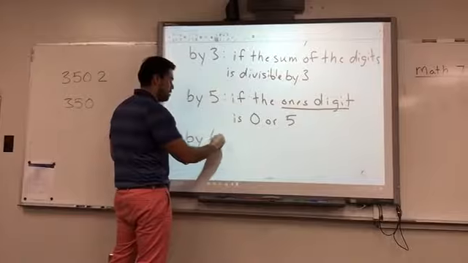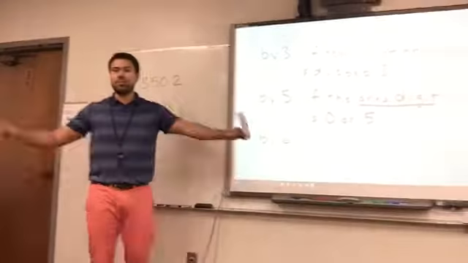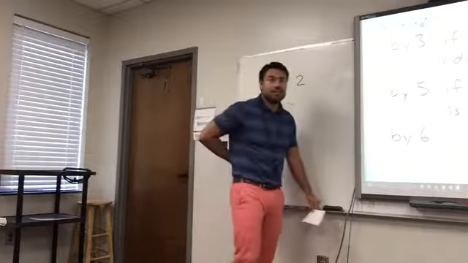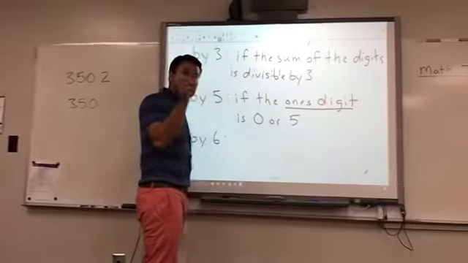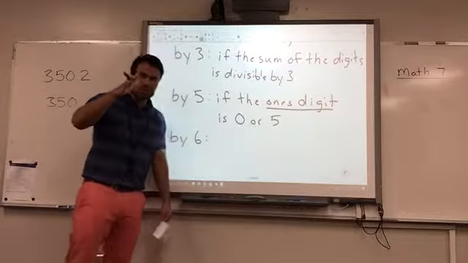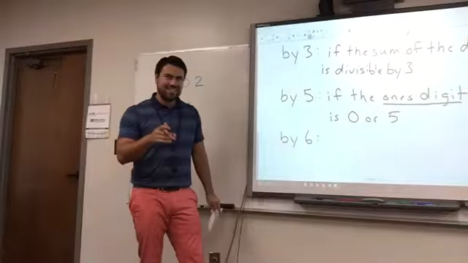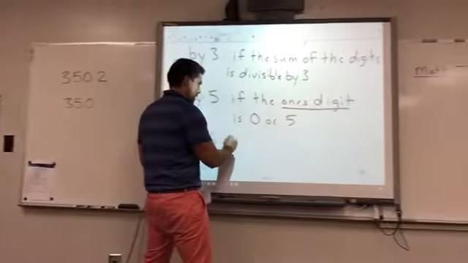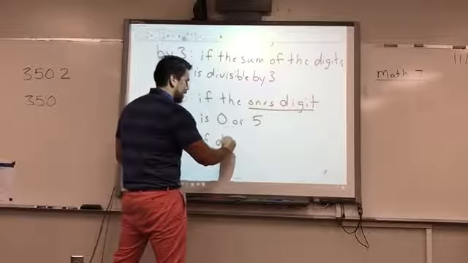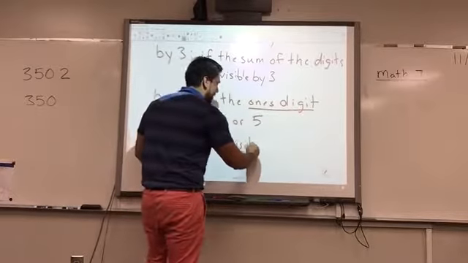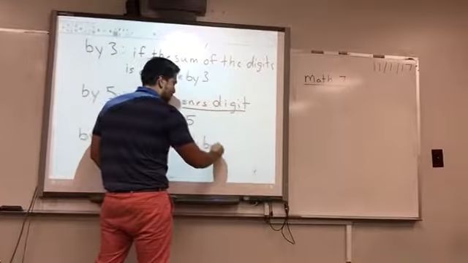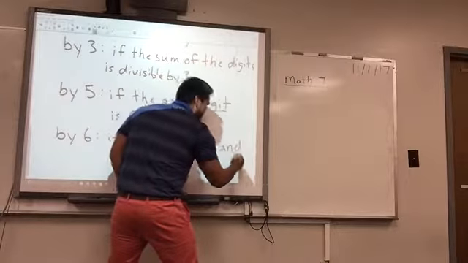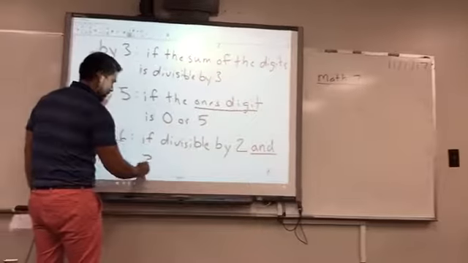Oh, my favorite, by 6. It's my favorite one. All right, Davis? Okay, good. And you use the key word there. Little did you know, Davis. You know what that key word was? Divisible is always in there. If it's divisible by 2 and is the key word 3.